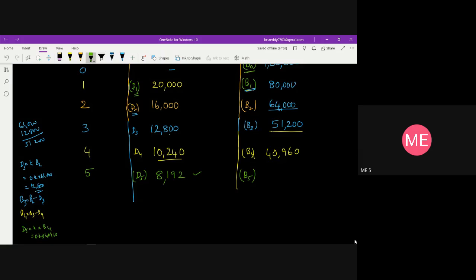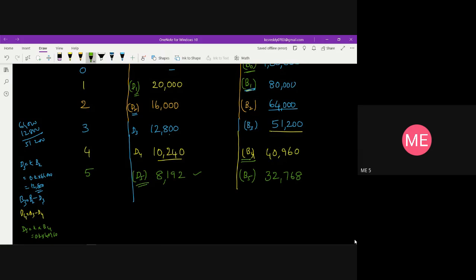Then B5 is equal to B4 minus D5. After subtraction, B5 is 32,768.